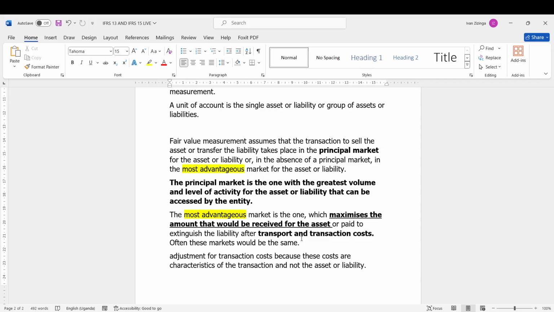Now the question is, after identifying the most advantageous market, how do we obtain the fair value of the bulls? Which cost do we put into consideration? Transaction costs or transport costs?